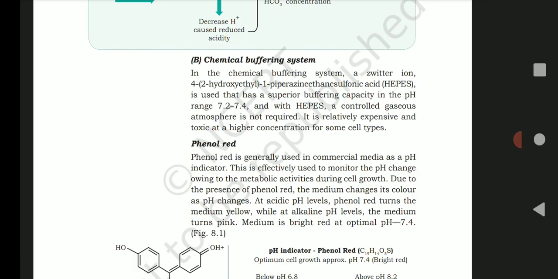With HEPES, a controlled gaseous atmosphere is not required. It is relatively expensive and toxic at higher concentrations for some cell types. So it cannot be utilized for all cells. Only a few cells can be used with it because of its toxicity at higher concentrations.